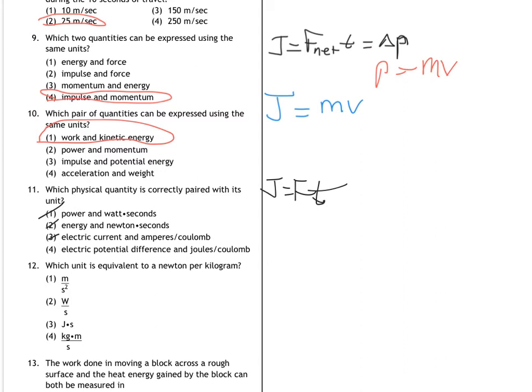And then lastly, choice 4, electrical potential difference and joules per coulomb. Electrical potential difference, if you memorized the unit for it, you would have found that its unit was volt. But what we're looking at here, joules per coulomb, seems to be an alternative unit, and I'm going to try to prove that to you.